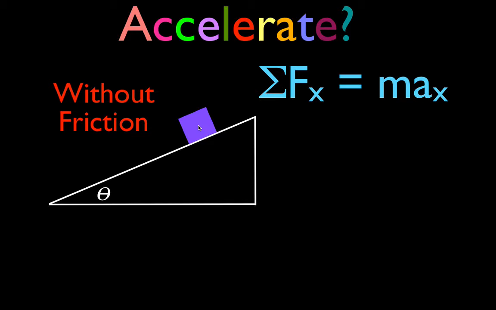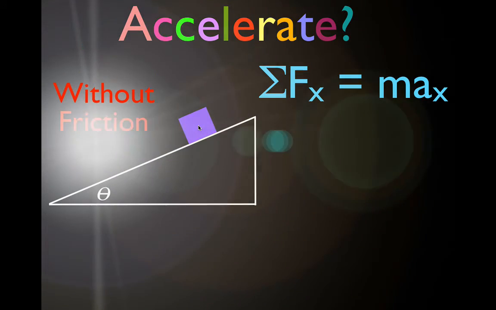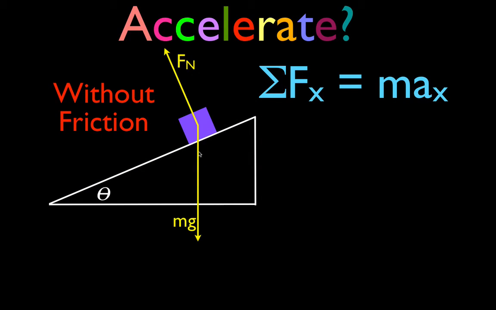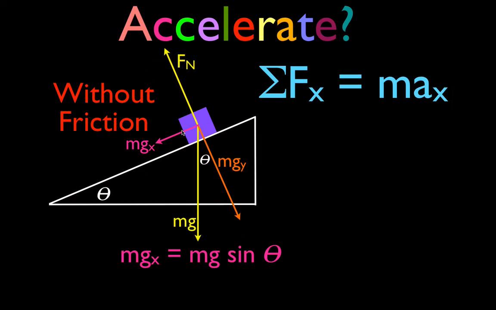Where does that unbalanced force come from? Well, let's draw in the forces acting on the object. We have the gravitational force, mg, and we have the normal force. Well, it doesn't really look like at this point we have an unbalanced force acting down the inclined plane. Where does that unbalanced force come from? It comes from the x component of the weight of the object. Part of the weight is acting in the y direction.